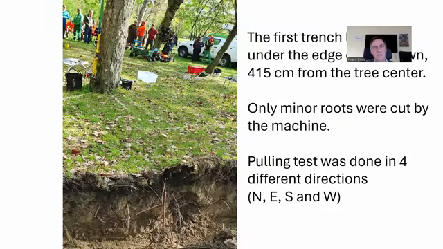The first trench was made under the edge of the crown, a little bit more than 4 meters from the tree center, and only minor roots were cut. And we repeated the pulling test for each direction, and we tested what the effect is.